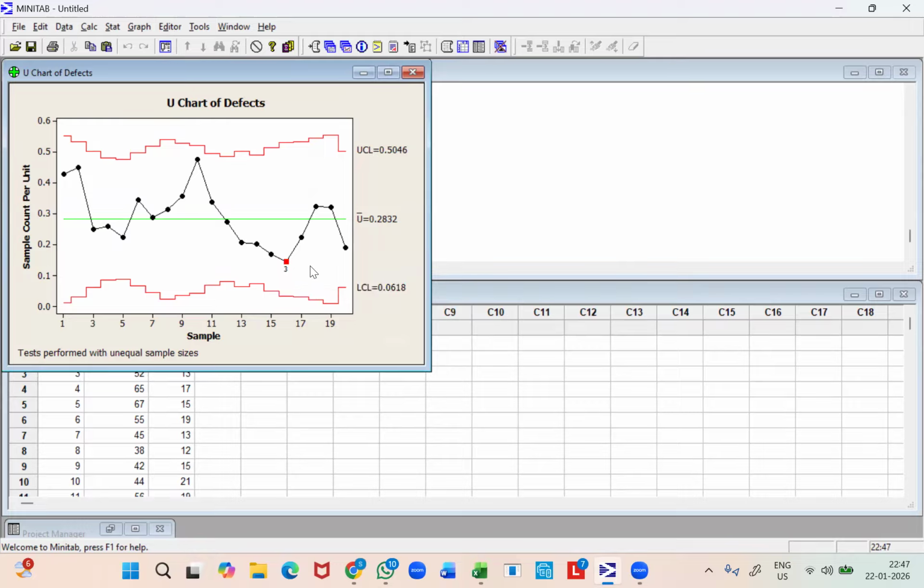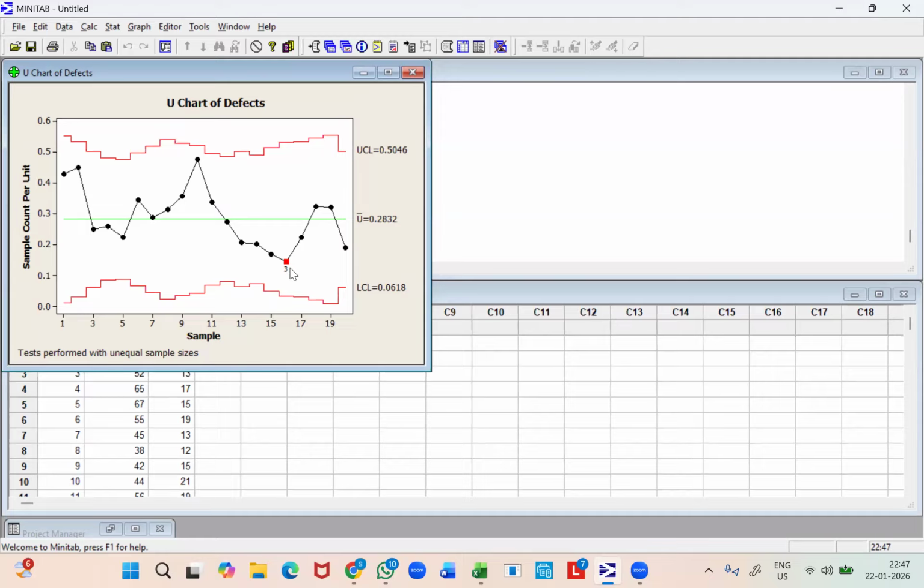So the 6th consecutive data point in the downward trend has been identified as the value which has been influenced by the special cause variation. 1, 2, 3, 4, 5, 6. So it has occurred on day number 16.